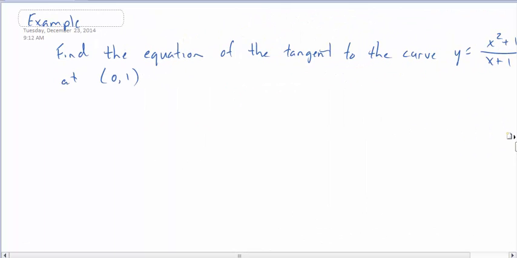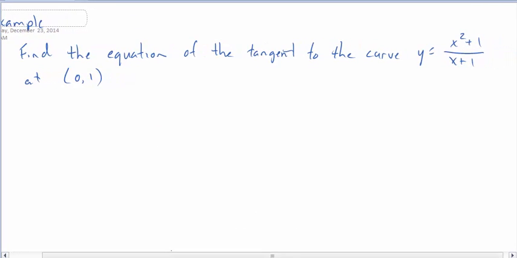Example 2. Find the equation of the tangent to the curve y equals x squared plus 1 over x plus 1 at 0, 1. Ooh. Wait a minute, that's not two things multiplied together, is it, guys? Well, as you might have guessed, we probably can write it as two things multiplied together.